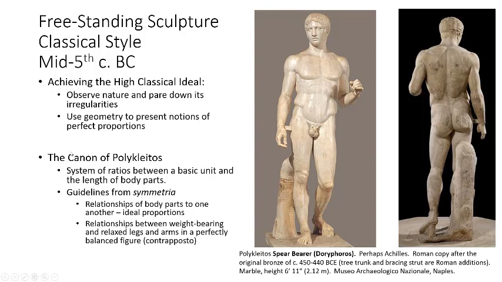In fact, we think there was an actual recipe, a canon of perfection, and it was one utilized by the artist Polykleitos. It's said to be a system of ratios between the basic unit and the length of the body parts, but the truth is we're not exactly sure what that recipe is.